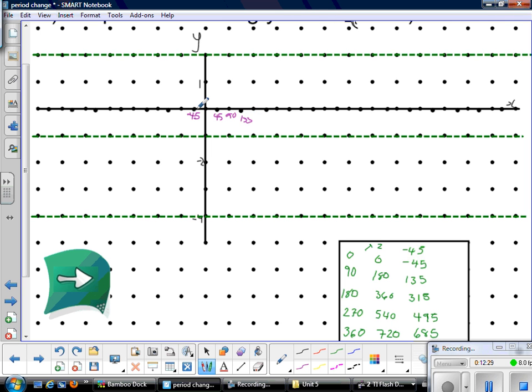So how many spaces are there in between my two important values, which were here and here? Well, there's 1, 2, 3, 4. So every fourth dot. So 1, 2, 3, 4. So this would be 315. 1, 2, 3, 4. This one here would be 495.